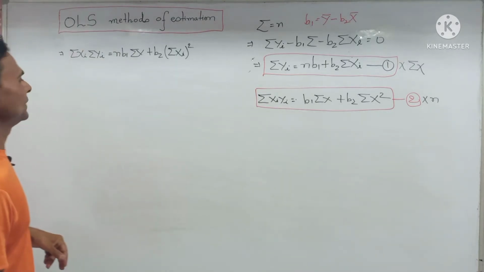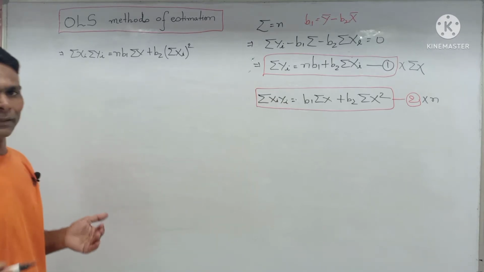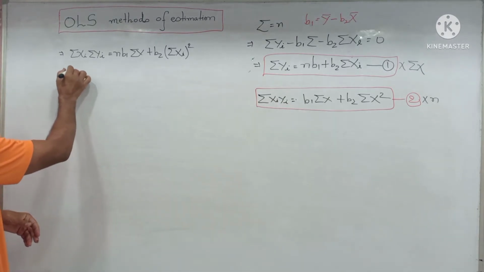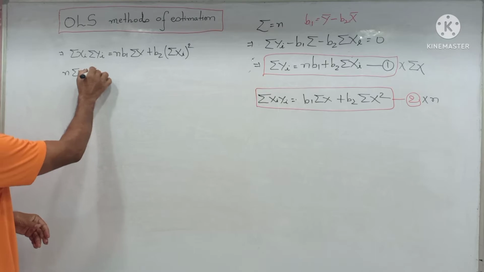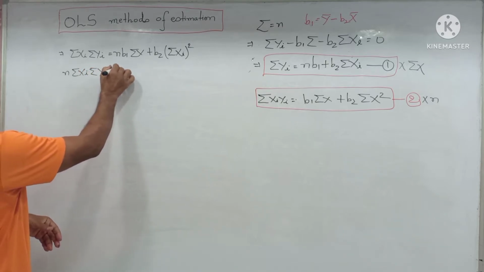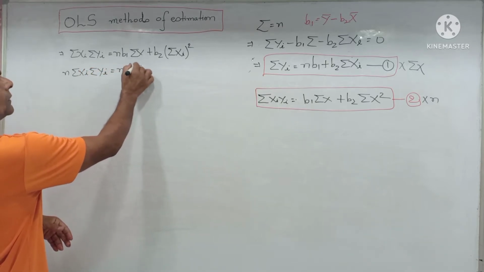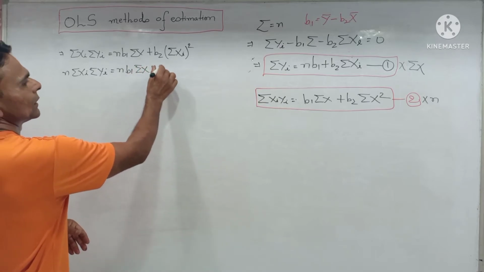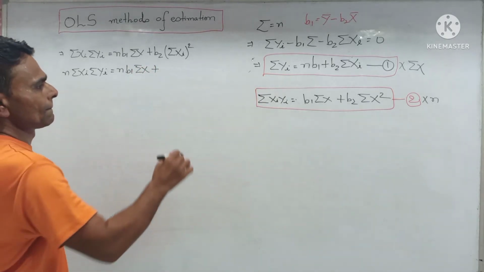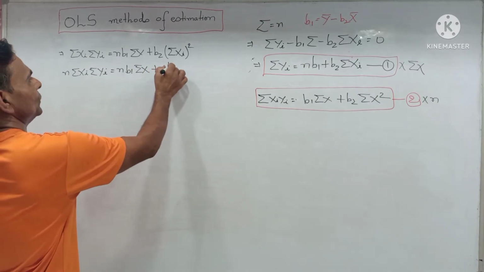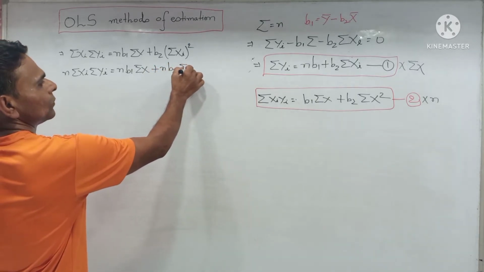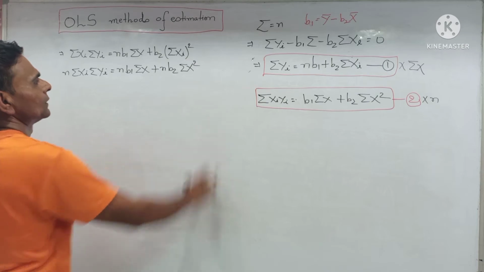The second equation multiplied by n gives n summation of xi yi equals n b1 summation of x plus n b2 summation of x square.